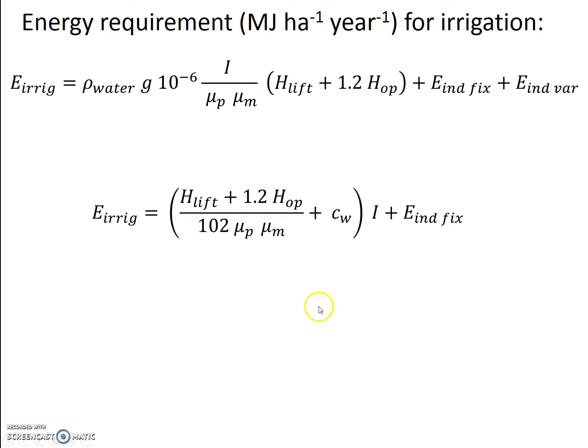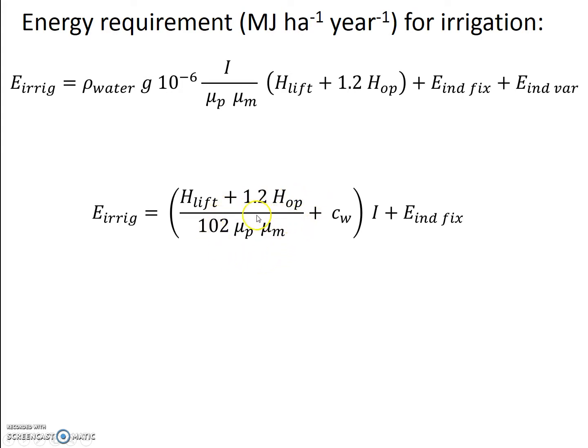Now we can simplify the previous equation for calculating the energy requirement of irrigation by putting together a component that is proportional to the amount of irrigation applied, and that would include the energy required for lifting the water and the energy required for keeping the operating pressure.